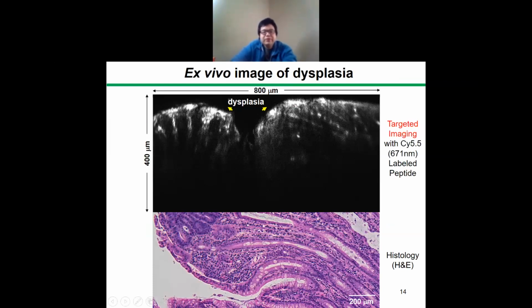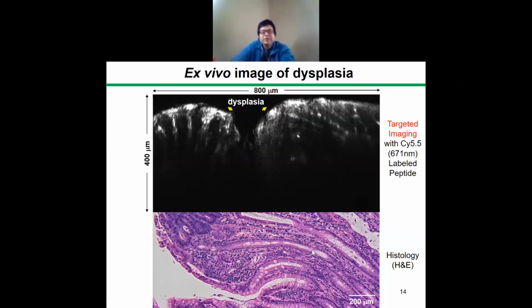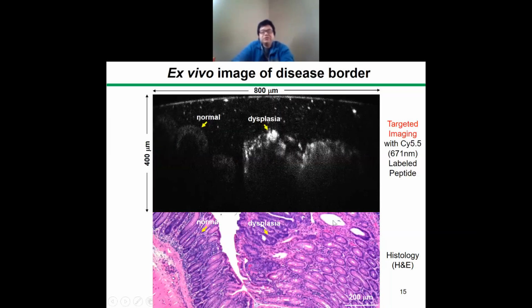For example, the peptide specifically binding to the dysplasia area shows a very bright signal, and also shows the morphology of the tissue, which is kind of similar to the histology. With this contrast agent, the system can visualize the difference between dysplasia and normal area.